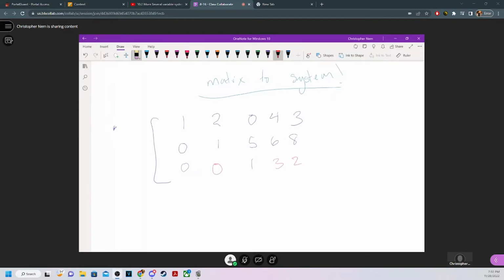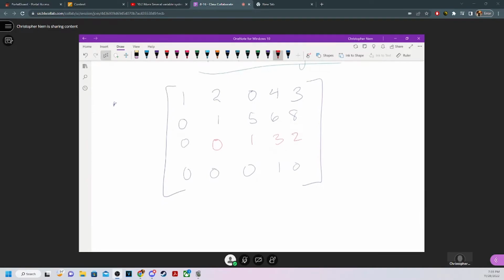And the last one I'll just fix up, if we have something like this. Now, if I were to give you this matrix and ask you to put it into a linear system, like let's say you want to solve your system of equations, I don't know if this matrix works or not.